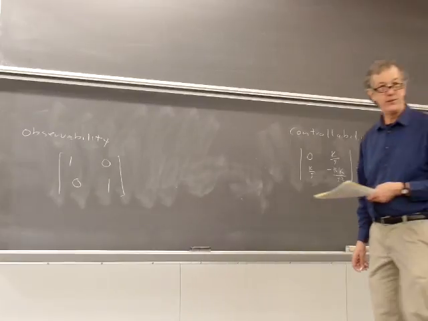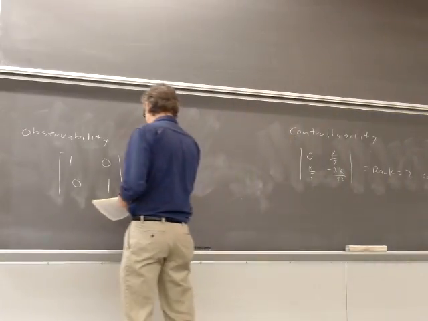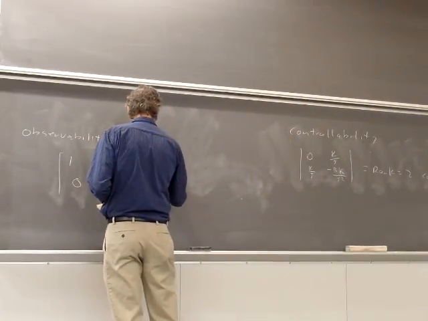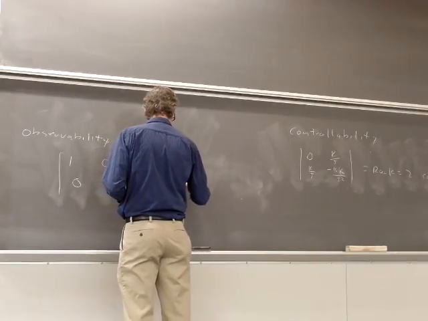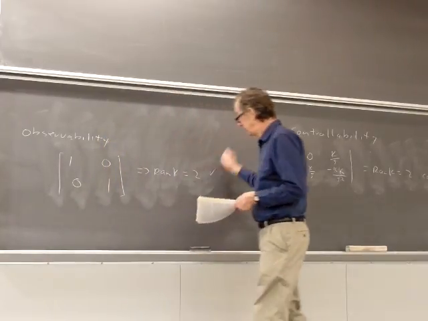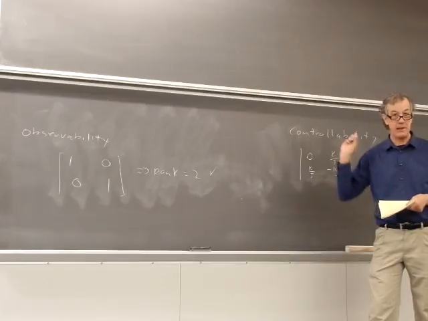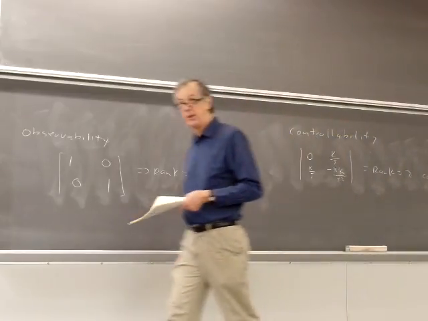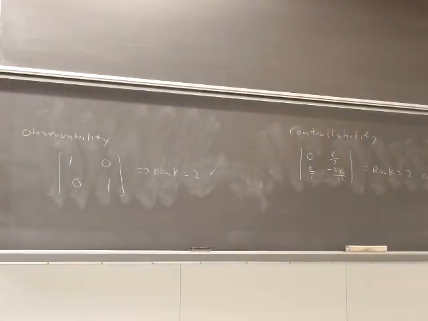Yes, identity matrix, rank 2. So we're observable. So now we're set. We can design a controller without having to do a minimal realization. All right. And we checked the eigenvalues, say the original system's kind of marginally stable.